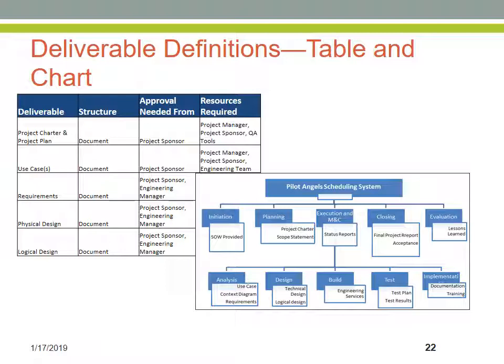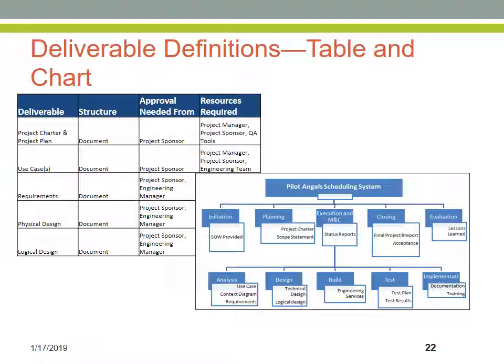And we're seeing the same thing in a different structure on the right side of the screen in a deliverable structure chart. The deliverable structure chart is a hierarchical model in which we're seeing the 5 project phases on the first level of the tree.